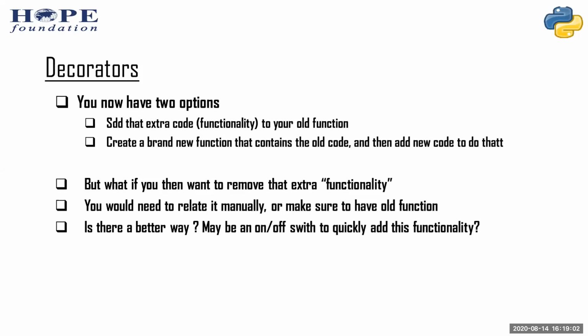Now you have two options: add that extra code to your old function, or create a brand new function that contains the old logic in it. But if you want to remove that extra functionality, you would need to delete it manually, so make sure to keep the old function. You can use a decorator to switch this entire functionality.